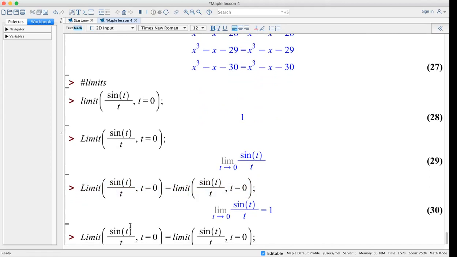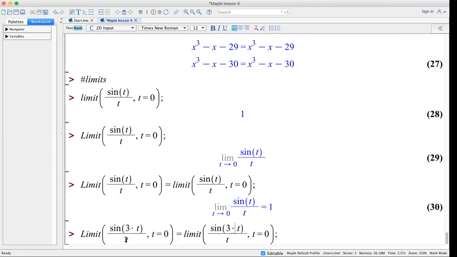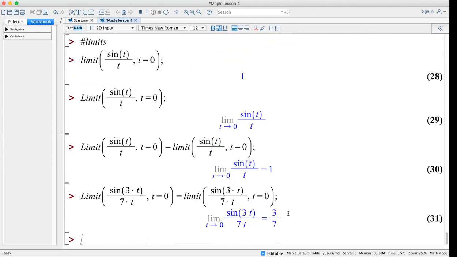Let's make it more interesting. Suppose this were 3 times t over 7 times t. This turns out to be 3/7.